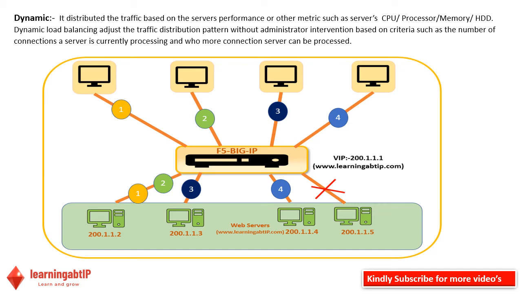So all the traffic related load balancing decisions can be made upon measuring the server's performance and capability. In dynamic load balancing, we have many methods like least connections, fastest, observed, predictive, and dynamic ratio, which we will be discussing later.